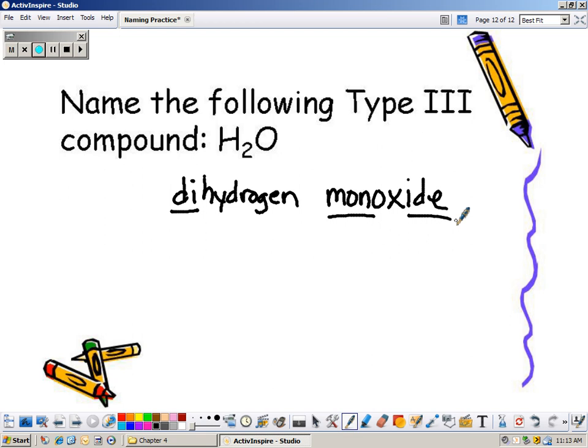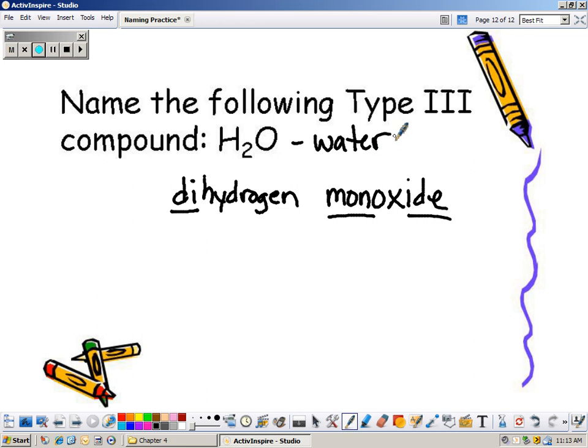Obviously, you have to drop one of those vowels when you put the prefix in, or else it would be monoxide. You don't want that. You keep the O, you keep the vowel from the root of the word, and this is the scientific name of water, dihydrogen monoxide, or sometimes it's easier to call these by their common name, water. Okay, but we're just practicing naming.